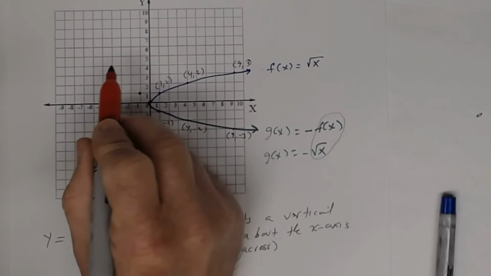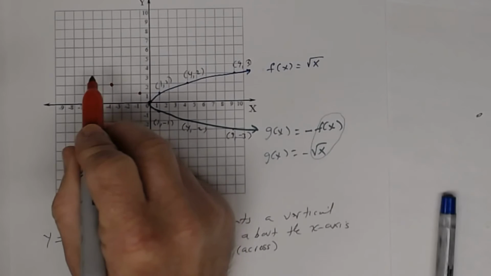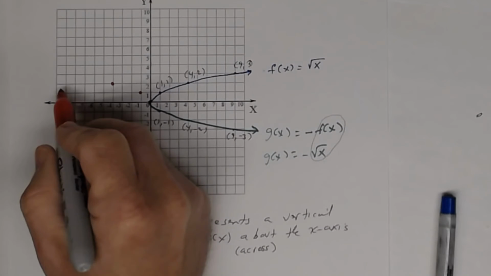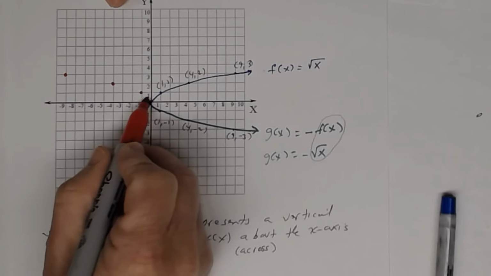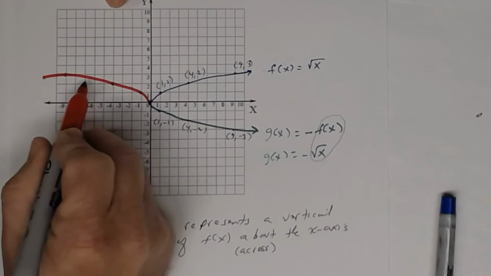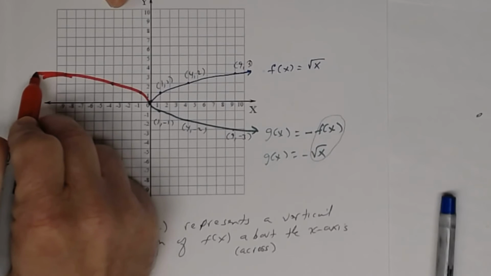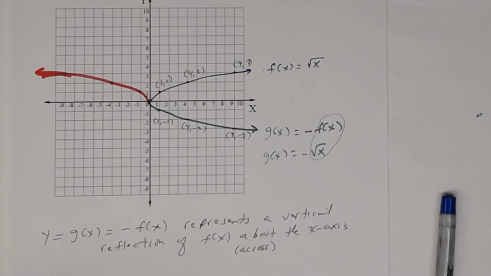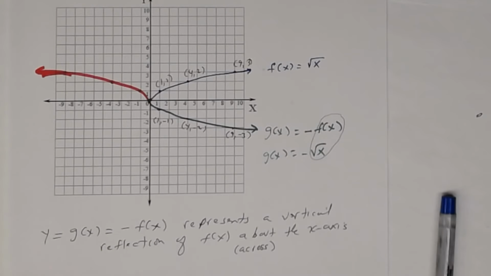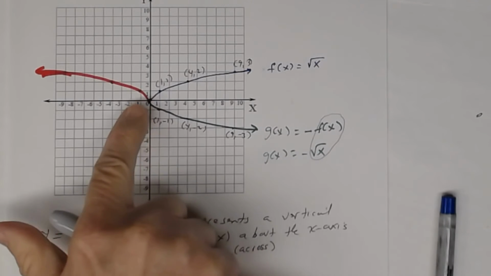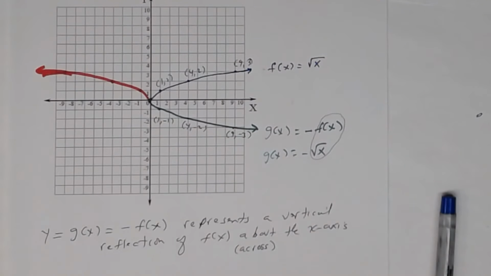So (9, 3), when I reflect it about the y-axis, becomes the point (-9, 3). And so this, it should be going like this. So when I draw this red graph, that is the reflection across the y-axis of f of x.